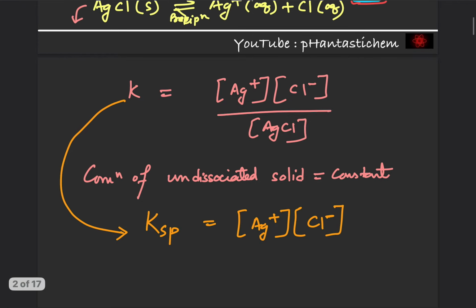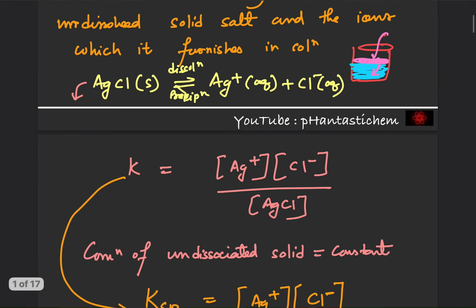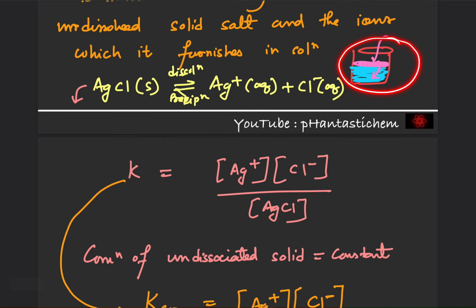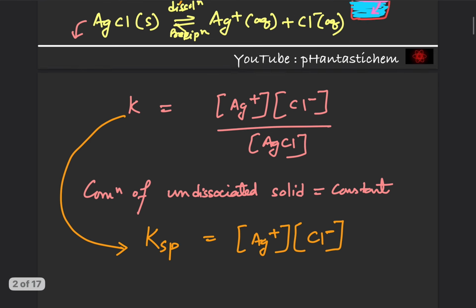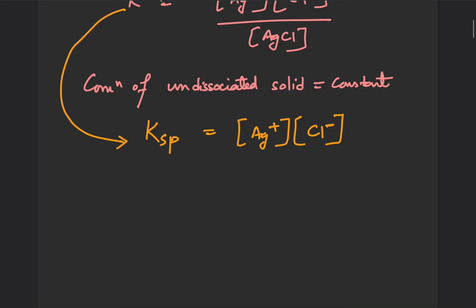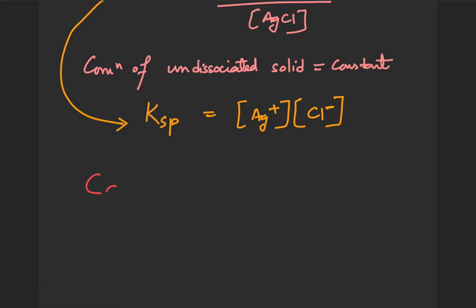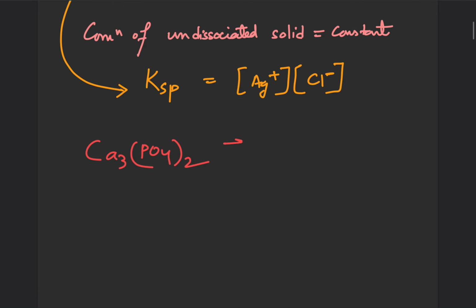Okay. So it is basically the equilibrium constant for a saturated solution. Whenever we have formed a saturated solution, what is a saturated solution? A solution in which we have added the maximum possible amount of solute. Okay, so one more example to calculate Ksp will be, for example, let's say we have calcium phosphate, which is Ca3(PO4)2. So this, whatever amount of it dissociates, will form calcium plus 2, 3 of them, and 2 phosphate ions.